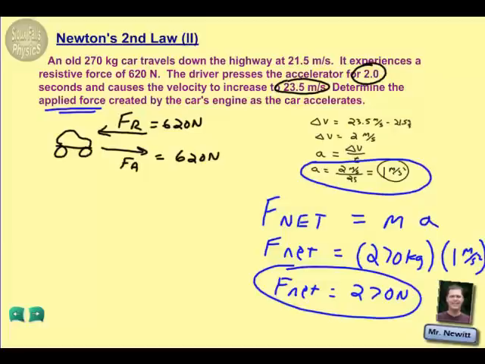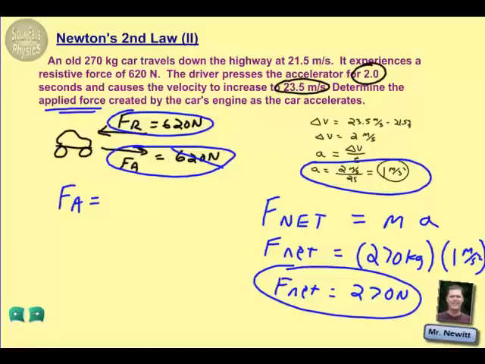Remember, we said initially that when the car was not accelerating, the resistive force of 620 and the applied force of the car were the same. But now that the car is accelerating, we know there must be a positive net force. In fact, that net force is 270, so the applied force can no longer be 620 newtons. Instead, my applied force needs to be equal to the resistive force plus the 270 newtons.